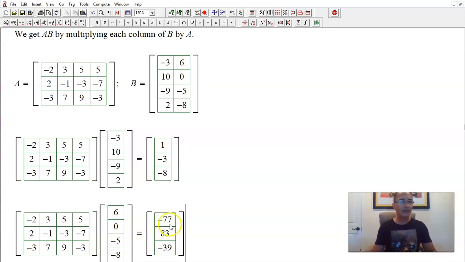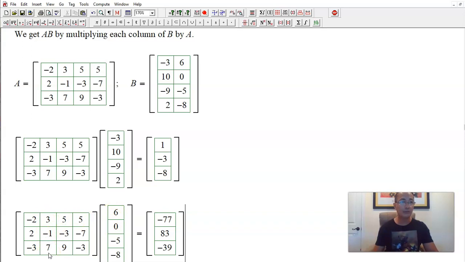Okay, let's see if we can check that mentally. Okay, we're going to multiply column 1 by 6, column 2 by 0, so that just goes away, column 3 by minus 5, column 4 by minus 8. Okay, so let's see how to get the first entry, minus 77. So negative 2 gets multiplied to 6, so we get negative 12.